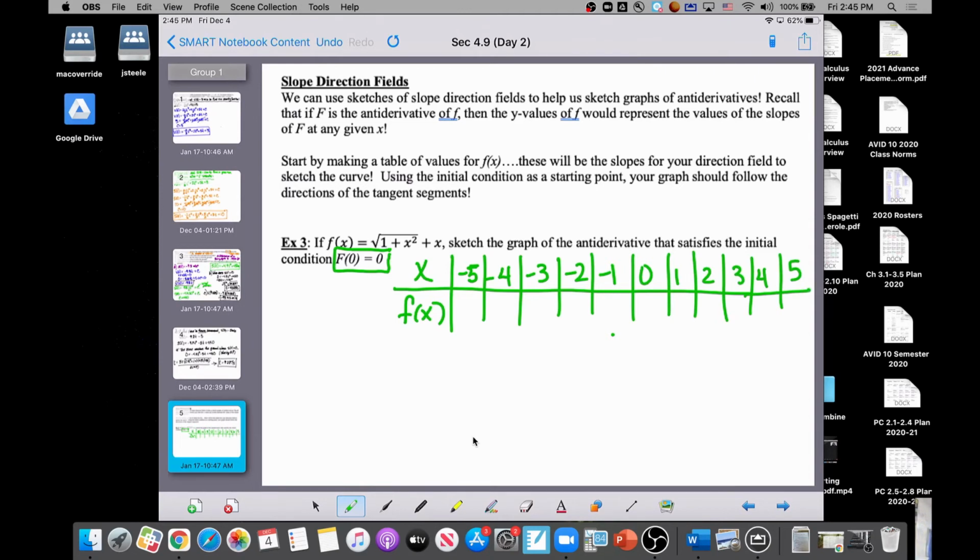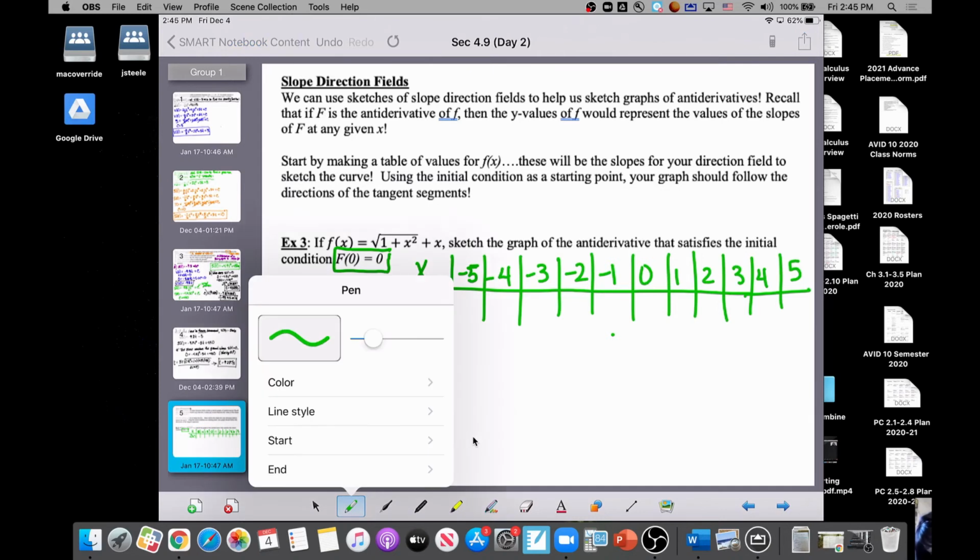Okay, and again, I am just plugging these x values right into f of x, doing the math. We have a square root in our function, so these aren't going to be very nice numbers.